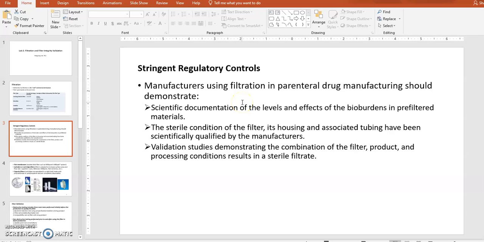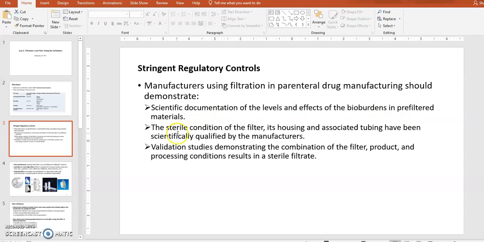So since filtration is used a lot during pharmaceutical manufacturing, of course, the FDA has a lot to say about those. Okay, so manufacturers using filtration in parenteral injectable drug manufacturing should demonstrate the following. Scientific documentation of the levels and effects of the bioburden in pre-filtered material.